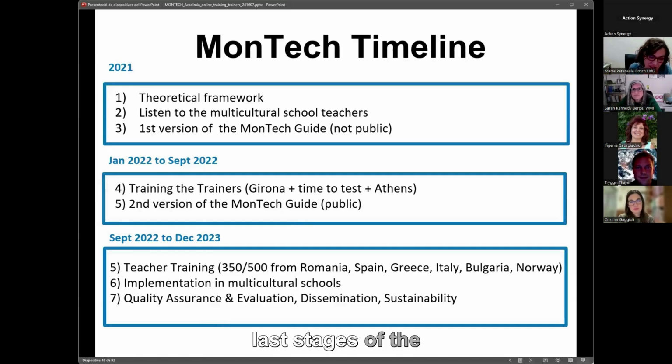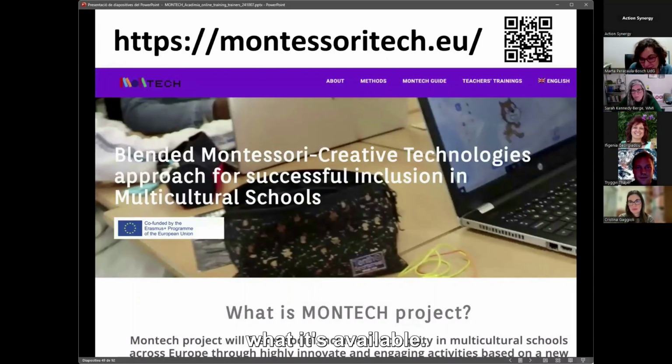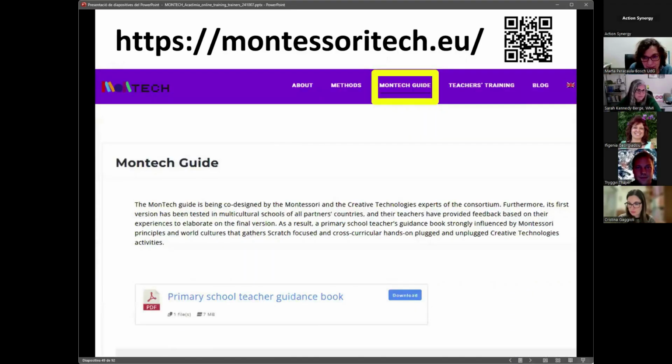And now in the last stages of the project, finishing in December, there has also been teacher training in many schools, and it has been implemented mainly in these multicultural schools. So this is an important part of the project, something we created with the project, and it's available for everybody on this web page, in the documents we also provide on the Action and Learning platform.